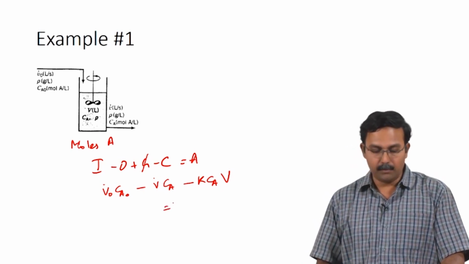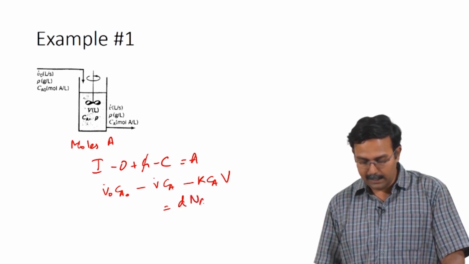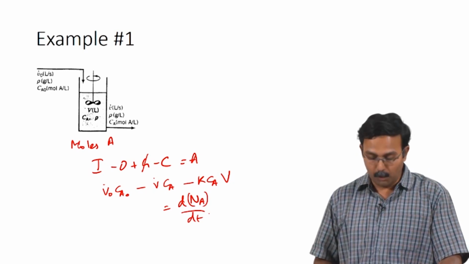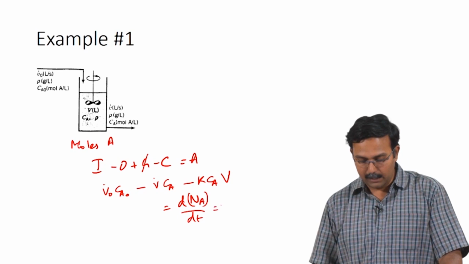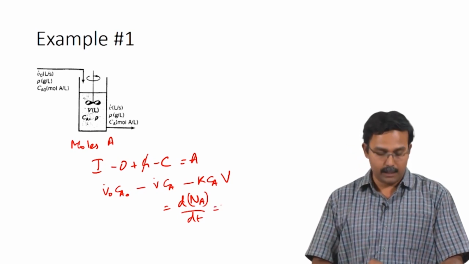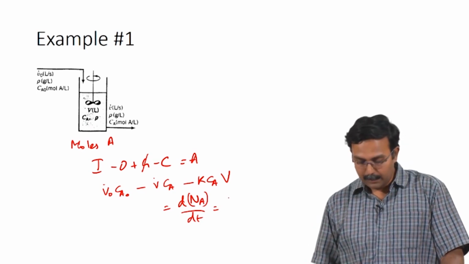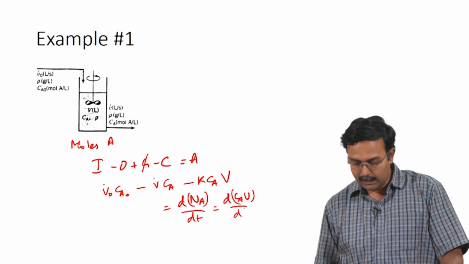The last term you have to look for is the accumulation term. The accumulation term would be dNA by dt. I am using N instead of M because I am using number of moles. This number of moles of A can be calculated by multiplying the concentration of A inside the reactor times the volume. So, this would be d(Ca V) by dt.